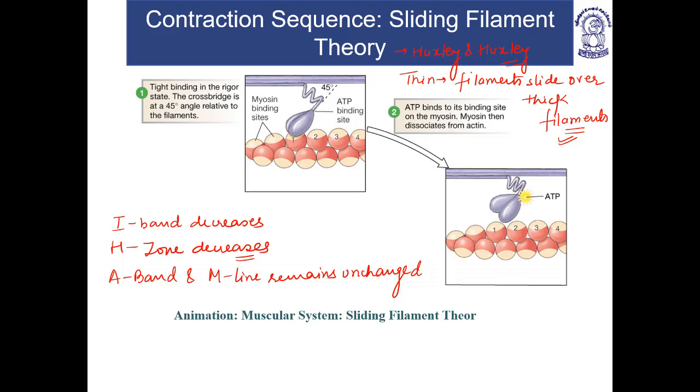DFP, diisopropyl fluorophosphate. It is a nerve gas. It is an insecticide which inhibits acetylcholinesterase. Very important.